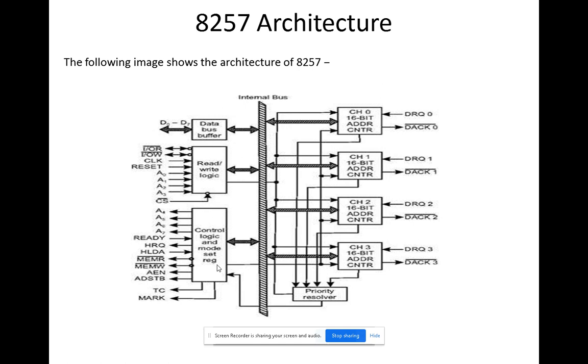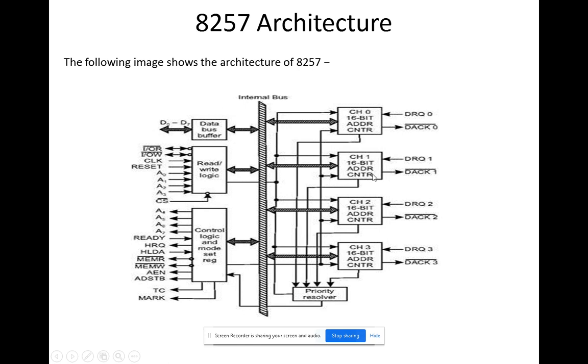For that purpose, you will be using the mark signal. And then on the right side, in the center, there will be an internal bus. This is the bus for all signals to transfer to the microprocessor as well as to the internal blocks of your 8257.